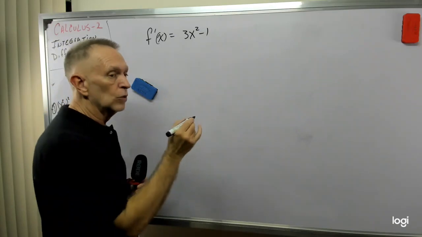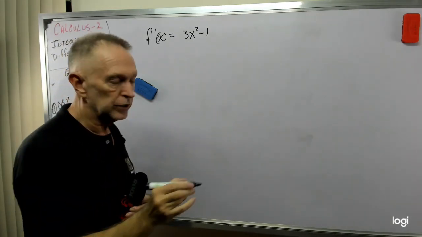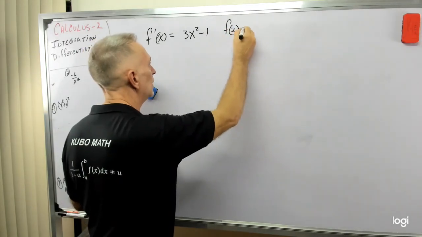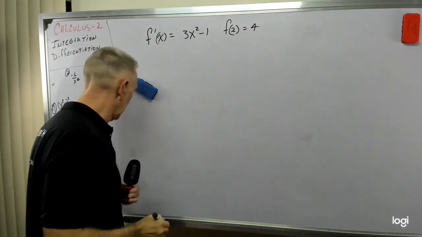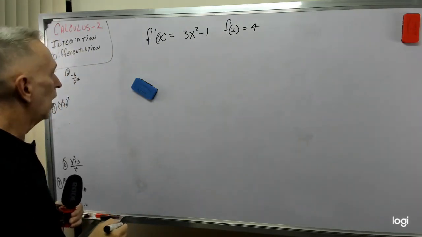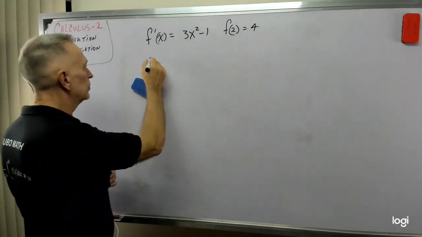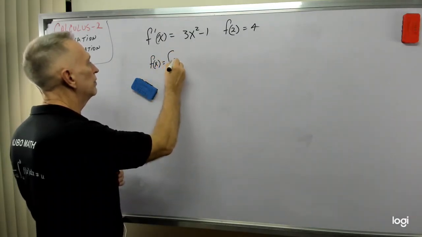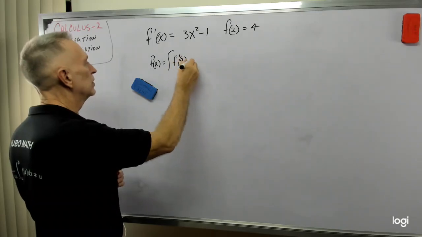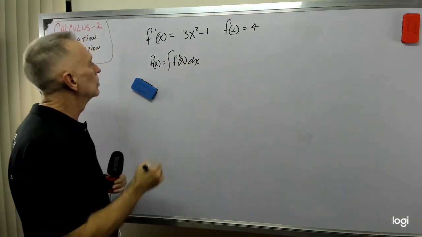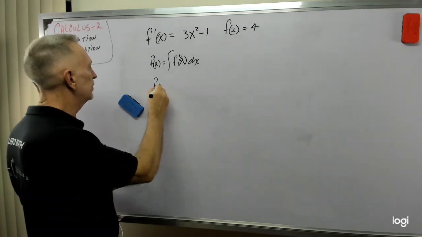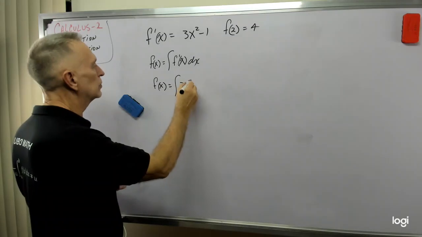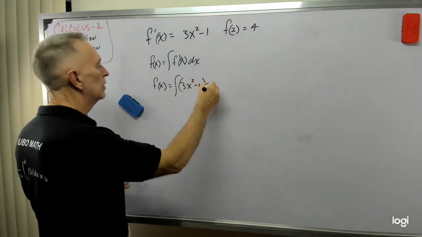Now let's also imagine we have initial conditions where we're saying f of 2 equals 4. Now f of x equals the integral of f prime of x dx. So f of x then equals the integral of 3x squared minus 1 dx.